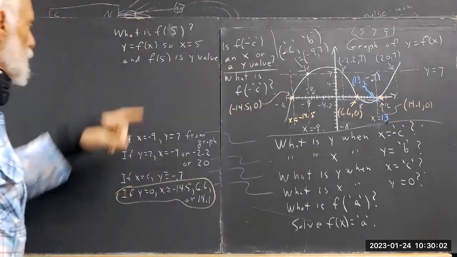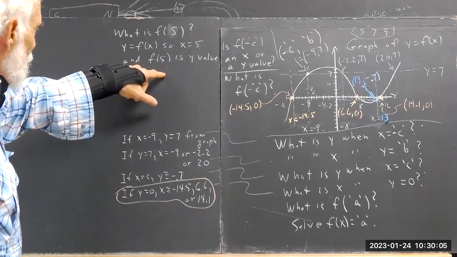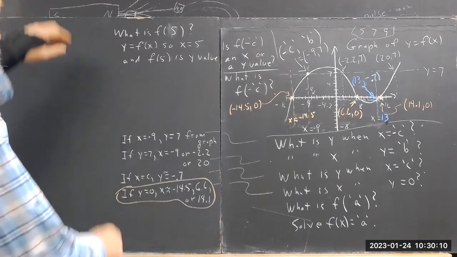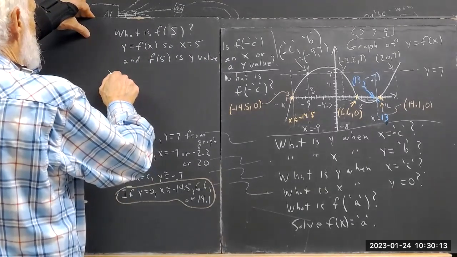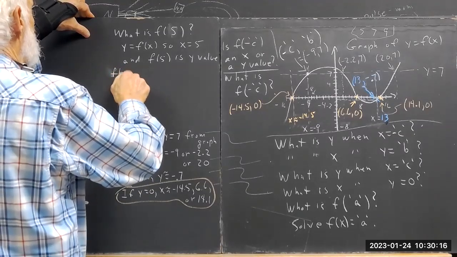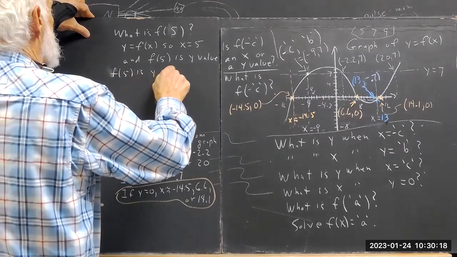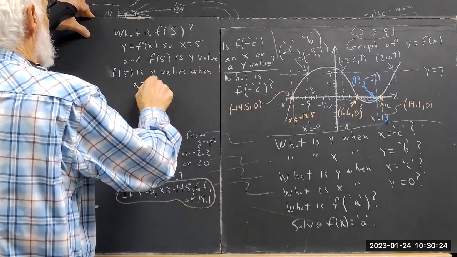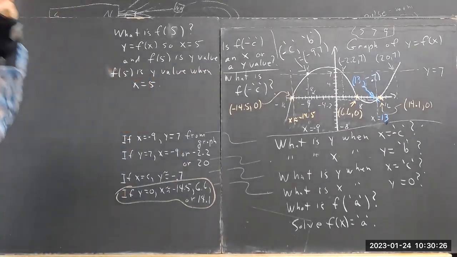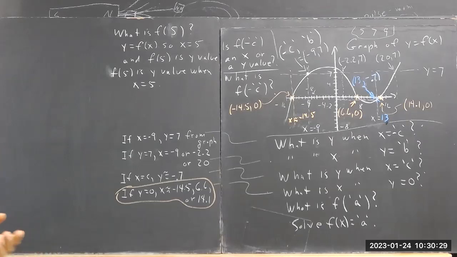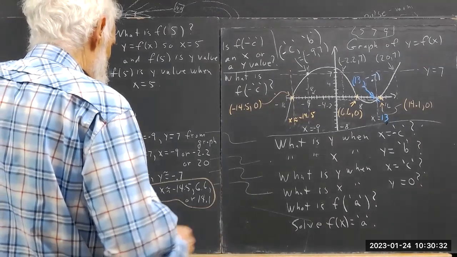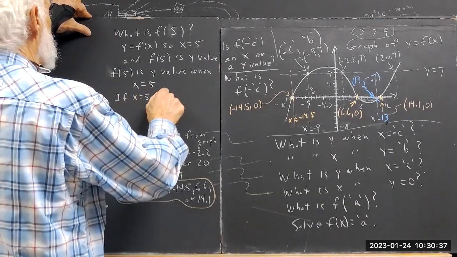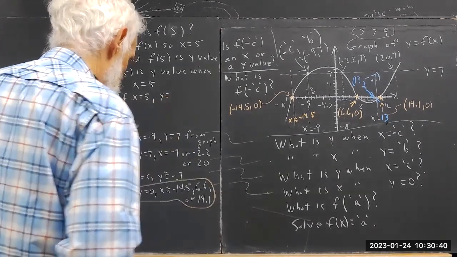And f of 5 is a y value because y is f of x. f of 5 is the y value when x equals 5. Okay, so if x equals 5, y equals what?